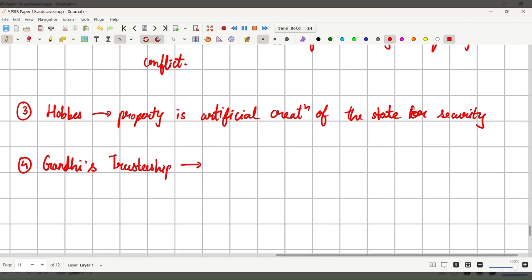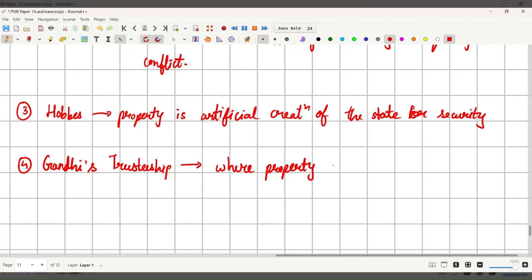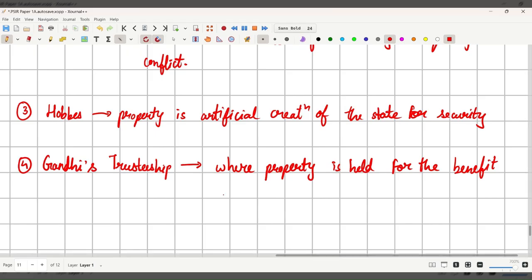While Locke focuses on absolute ownership, his theory is often contrasted with the Gandhian idea of trusteeship, where property is held for the benefit of the community.